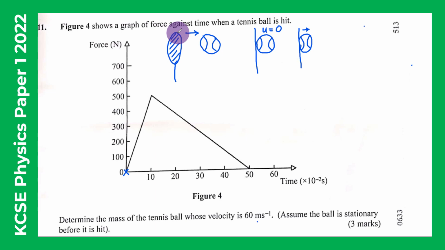So a time comes when it loses its shape completely. And this is where there is a maximum force exerted on it. And that one happens at this point. So it's at this point that now the tennis ball starts to gain velocity.